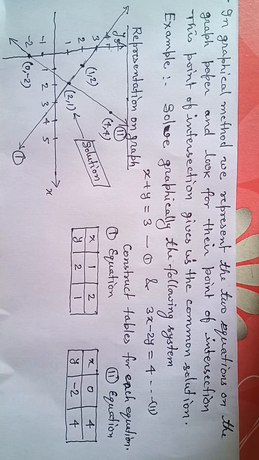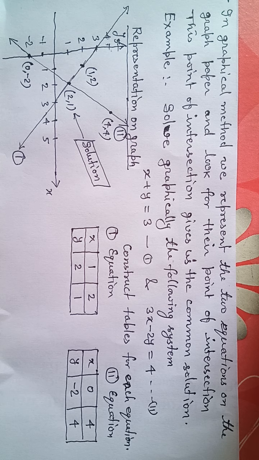Now here I have taken x is equal to 1 and y is equal to 2. We see that if you put x is equal to 1, y is equal to 2, 1 plus 2 that is 3 is equal to 3. That means this is a solution of this linear equation. Similarly, (2, 1) is also a solution of this linear equation.